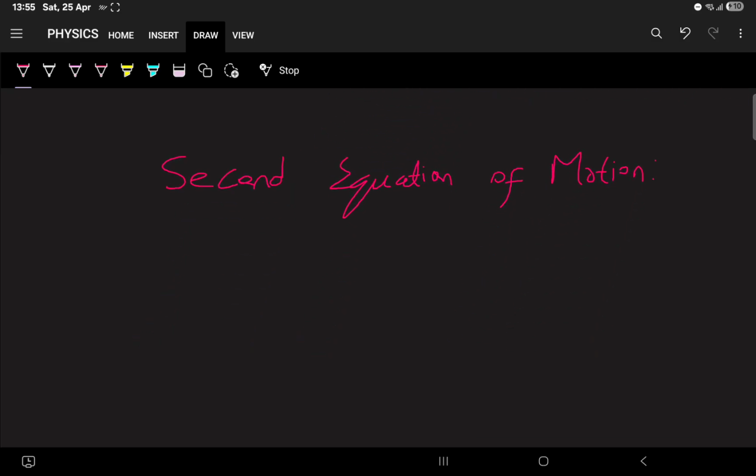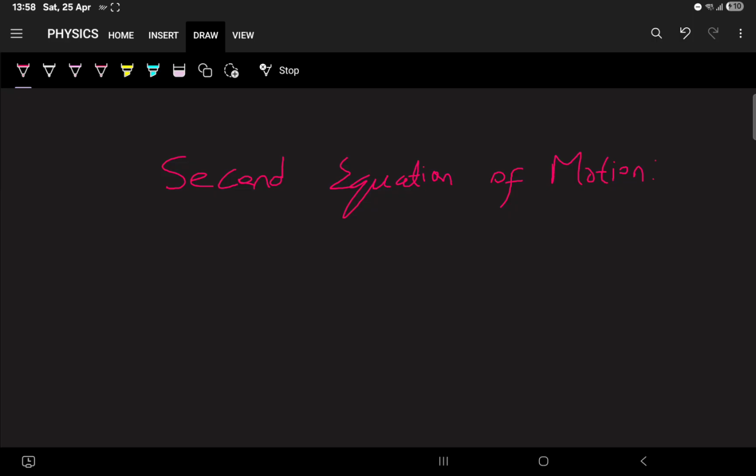Now I'm going to derive the second equation of motion. Again, feel free to pause the video and digest all this before moving on. We can derive the second equation of motion by considering average velocity.